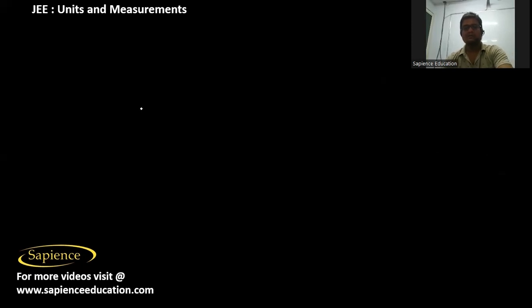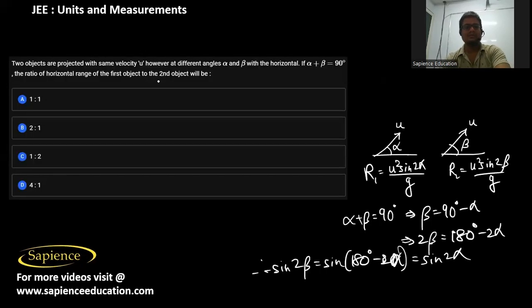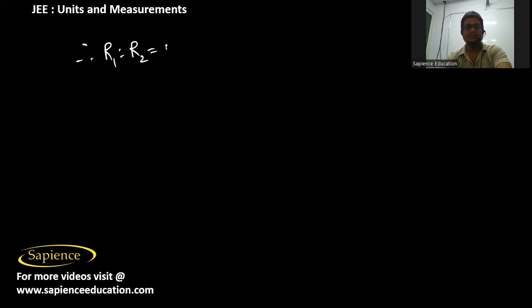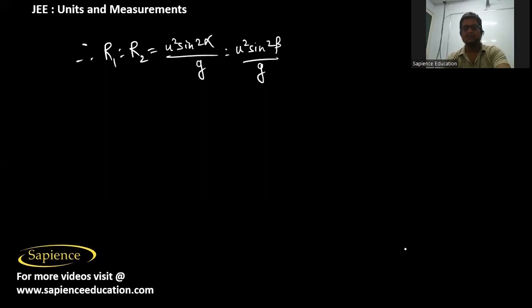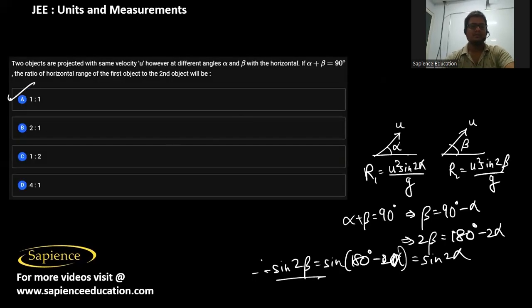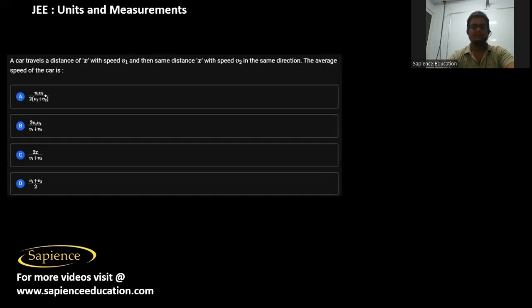Therefore R1 is to R2, the ratio of their horizontal ranges of the first object to the second object, will be u square sine 2 alpha by g is to u square sine 2 beta by g, and we have proved that sine 2 beta equal to sine 2 alpha. So these two will get cancelled and the ratio will be 1:1. So option A is the correct answer.